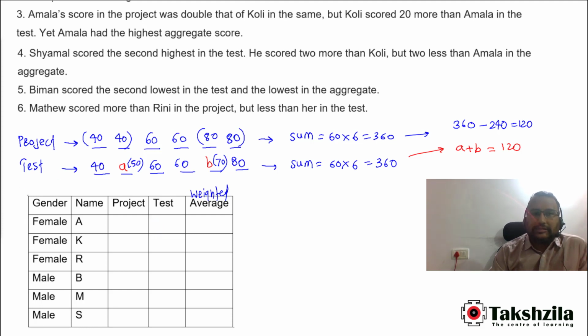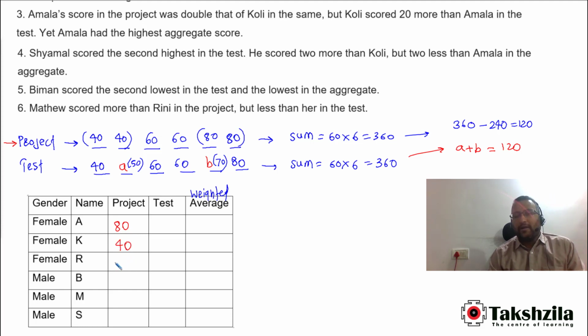Statement number 3 says that Amla's score in the project is double that of Kohli. In project, one number is double the other number, so the only possibility is 80 and 40. So in the project, Amla will score 80, whereas Kohli will score 40.